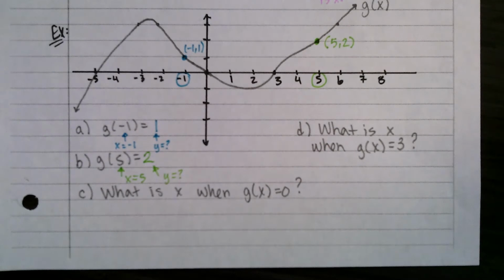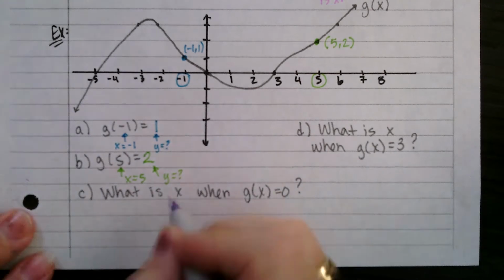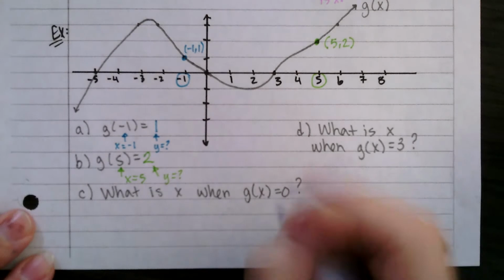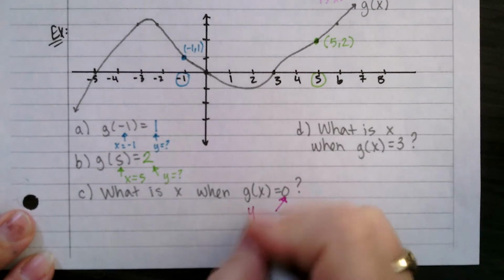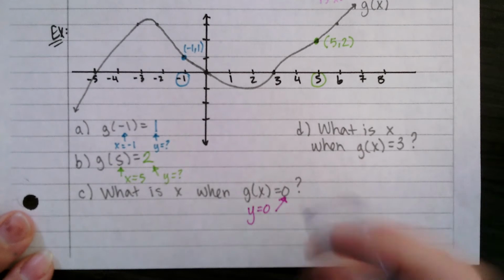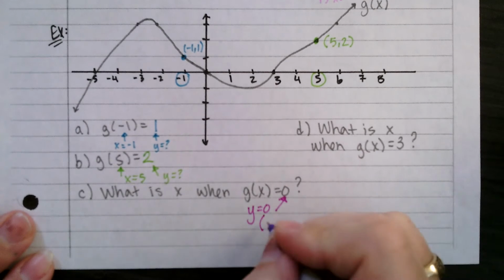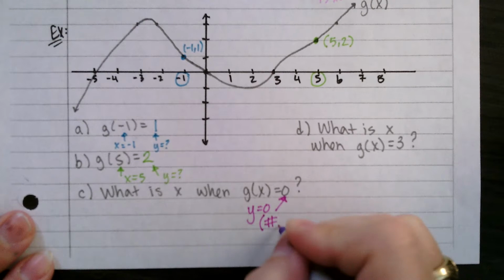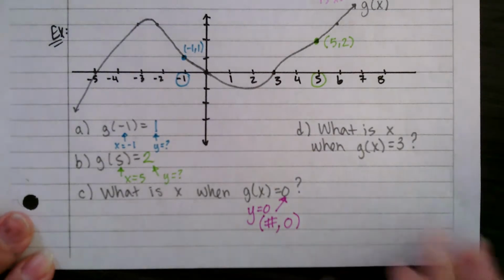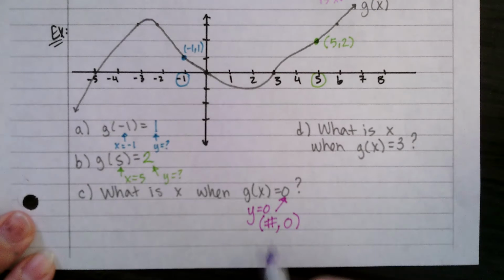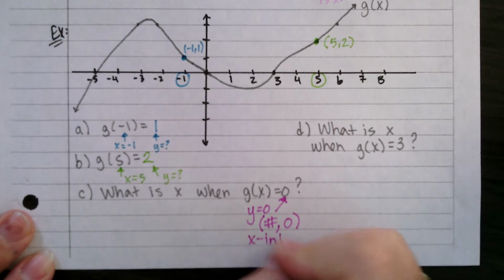Okay, letter C. Letter C is asking us, what is x when g of x is 0? Remember, g of x is like f of x. That means that our y value is 0. So we are looking for ordered pairs that have a number, comma, 0. And if you remember from previous lessons, things that are in this format, a number, comma, 0, are x-intercepts.